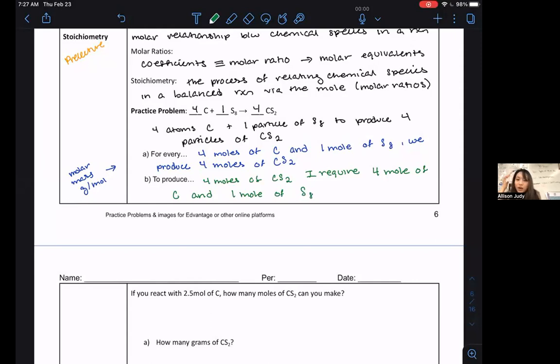Both are saying the same thing. Both are using the mole and particularly the molar ratio revealed in the balanced chemical reaction to offer me a tangible macro scale understanding of what this is actually giving me that I can do something with.